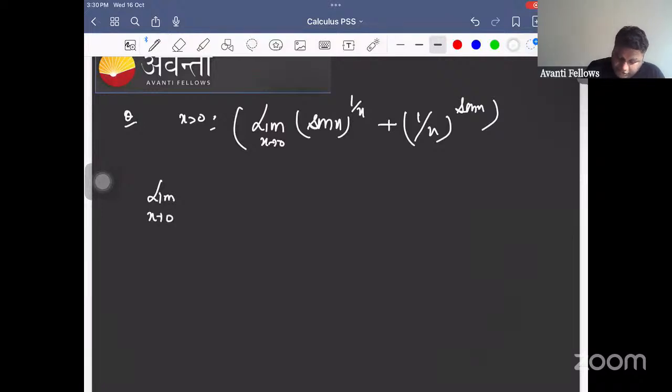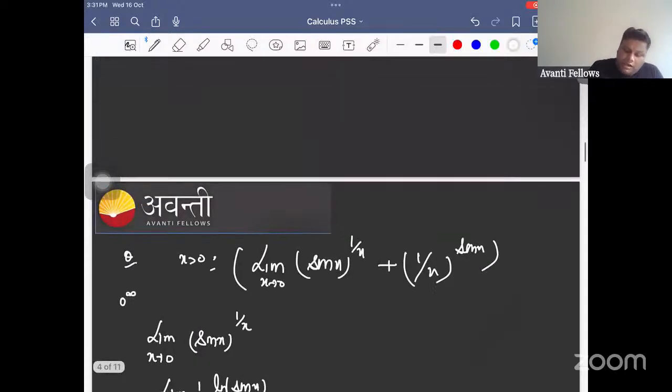Limit x approaches to 0, sin x to the power 1 by x. First of all, if I see which form it is, 0 raised to the power infinite. Isn't it? So as such, it is not an indeterminate form. It is not an indeterminate, but still we will do it. That is e to the power limit x approaches to 0, 1 by x ln sin x.